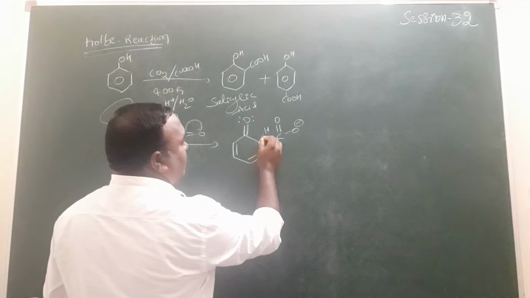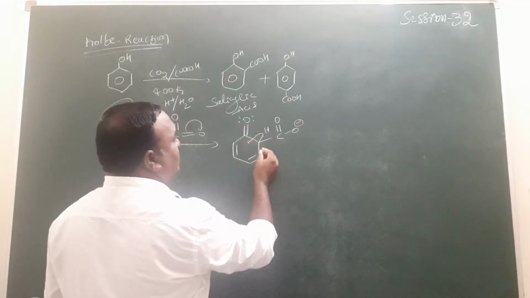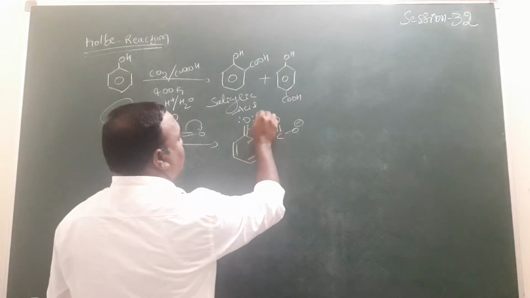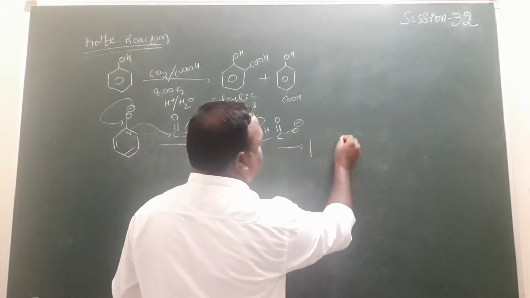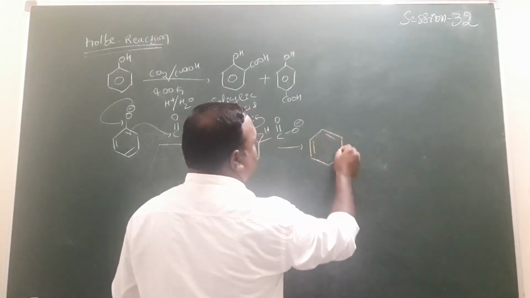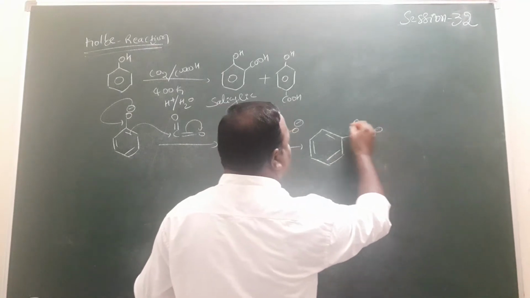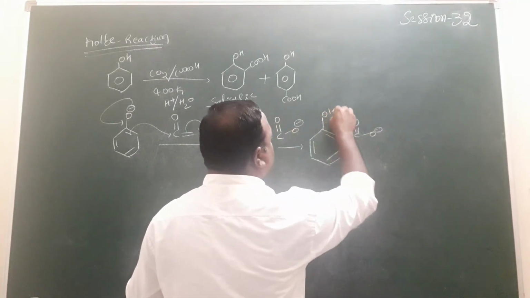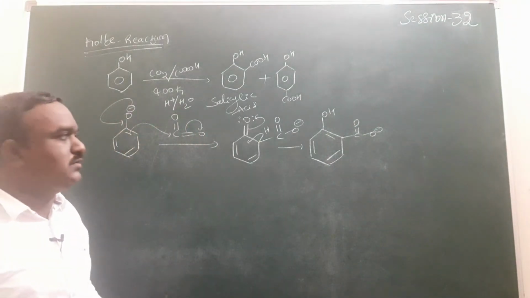Whenever the hydrogen electron migrates towards the single bond, the single bond becomes a double bond. Again the pi bond electrons migrate towards oxygen, then form the compound like this. So here C double bond O minus, again OH here.